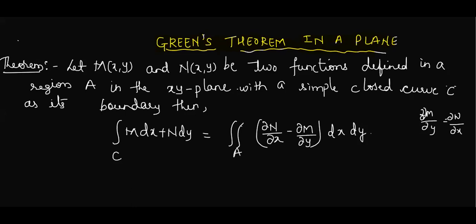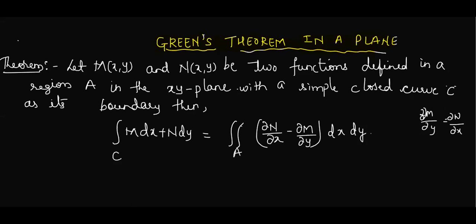See how to write it. M is attached to x, N is attached to y. M is in the first place here, but you have to take N in the first place in the result. Reverse case. So M is attached to x, and you should write it as dou M by dou y. N is attached to y, write it as dou N by dou x. Then dx dy.